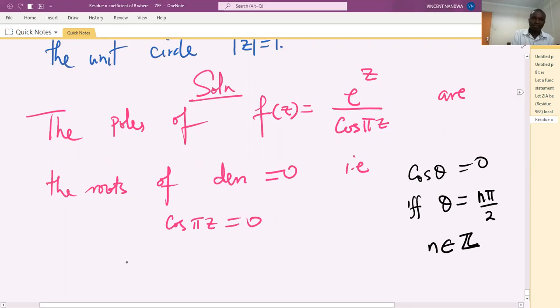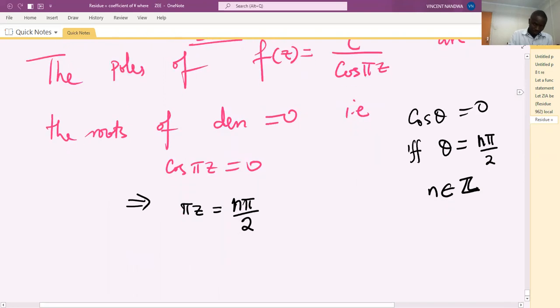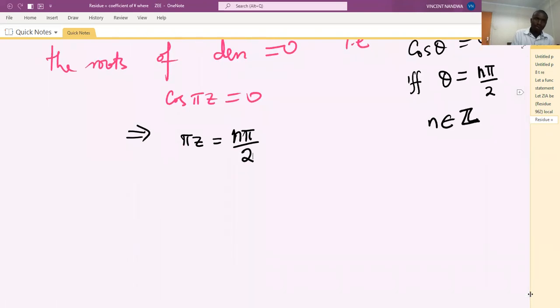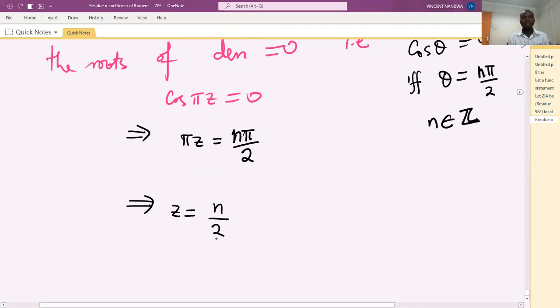So this means cos of pi z is 0 if and only if pi z is the same as n pi over 2. Which means z should be n over 2, where n is any integer.